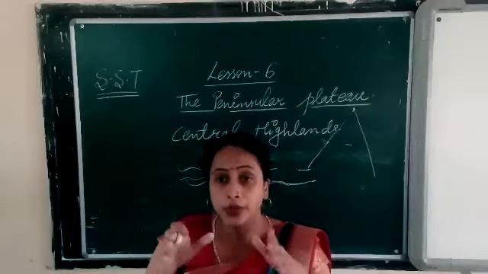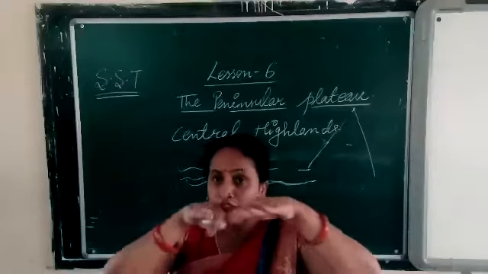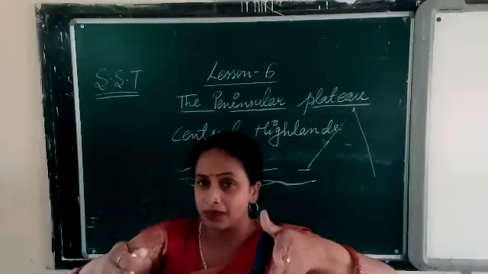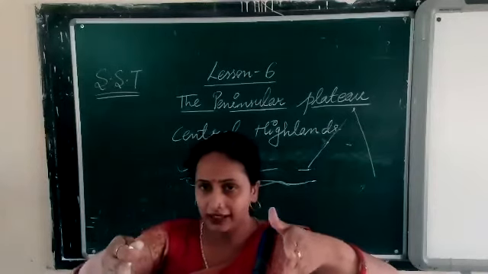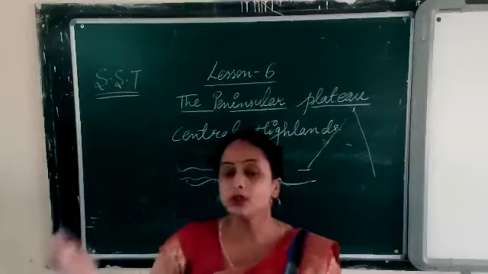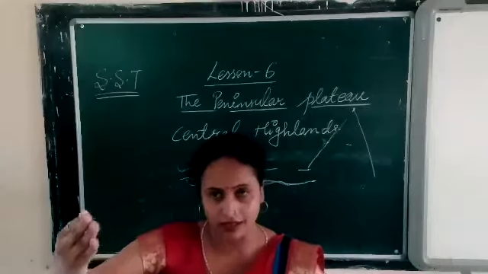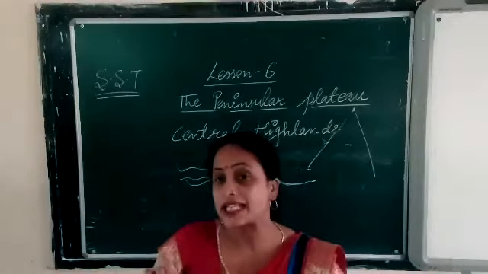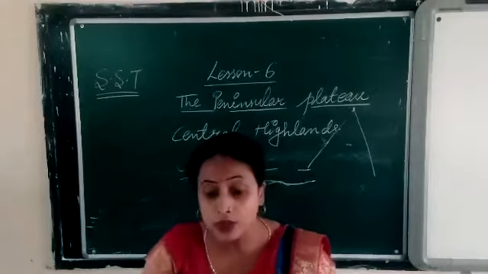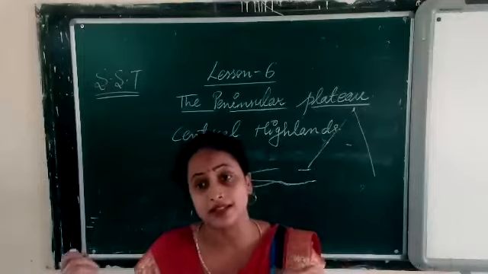The table in front of you is flat on the top. It is just like that. That's why we call it a plateau, and the plateau is also called tableland.